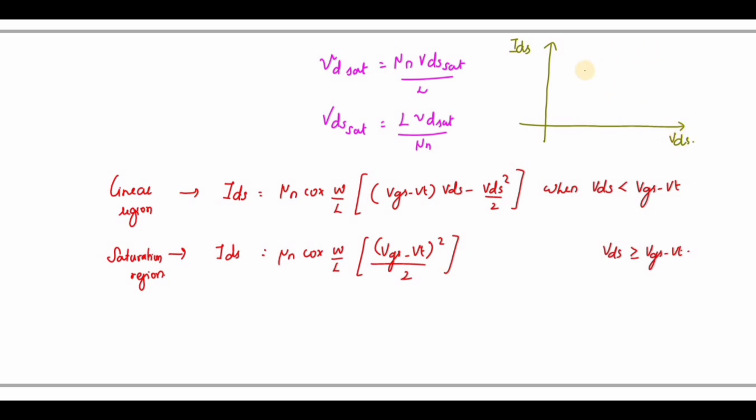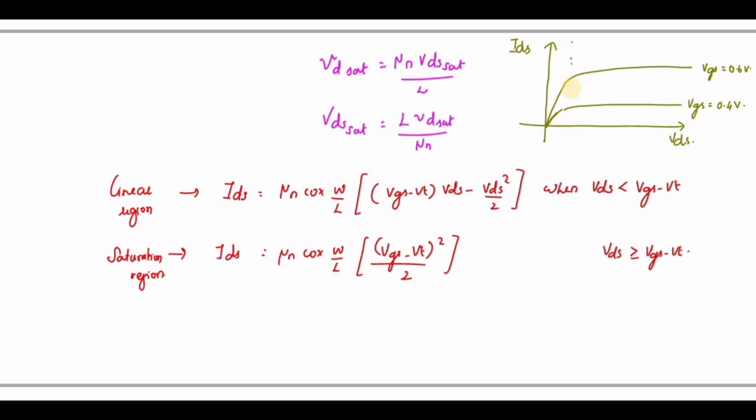Consider a smaller value of VGS, say VGS equal to 0.4 volt, and then another value, VGS equal to 0.6 volt.